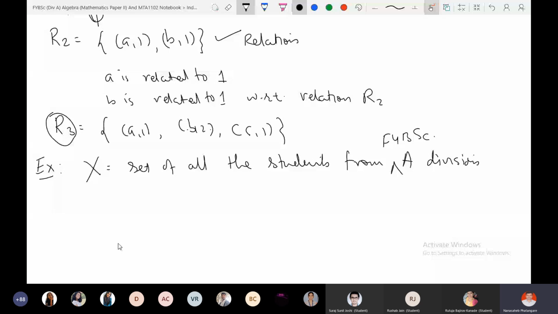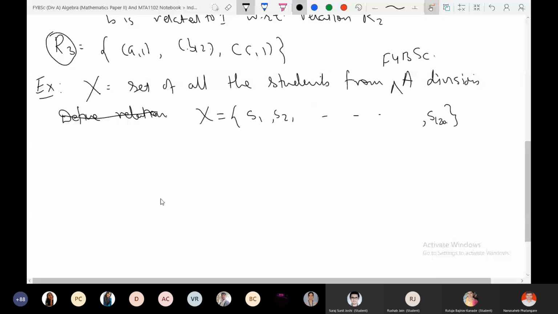So first of all, what is my set? The students. So S1, S2, all these are students. Suppose we have 120 students. So what is my last student? S120. So I have 120 students in the class. Suppose the first student has roll number 1, the second student has roll number 2, and the last student has roll number 120. Suppose these are my students in the A division.